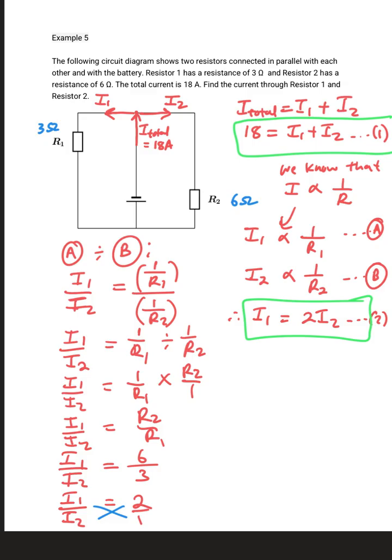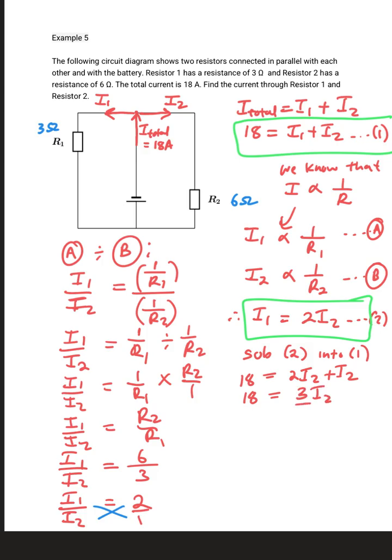Then after that, we can now solve them simultaneously. So I'm going to substitute equation 2 into 1. Where I see I1, I'm going to put 2I2. So we have 18 is equal to 2I2 plus I2, which is 3I2.